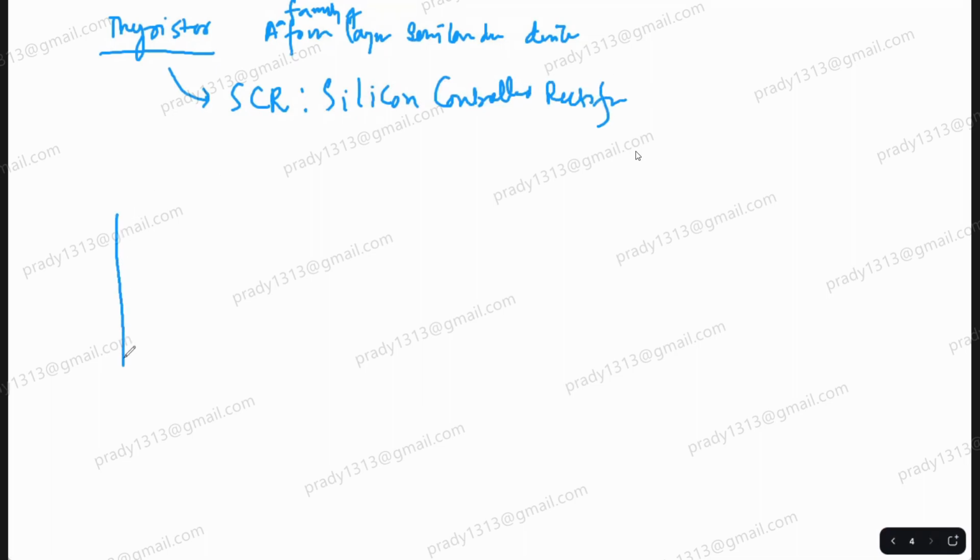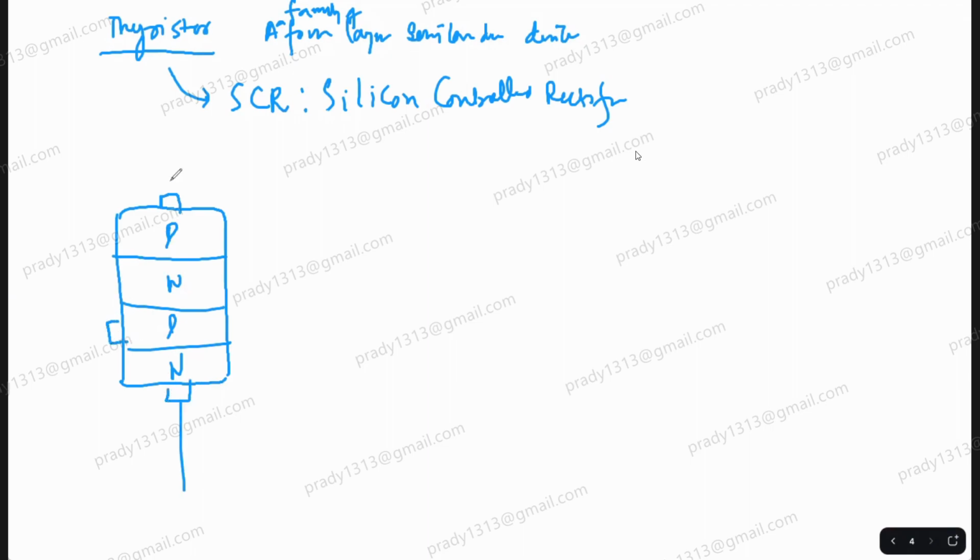Okay, so I'm going to draw the cell structure: PNPN. How many terminals does an SCR have? Three terminals: anode, cathode, and gate.